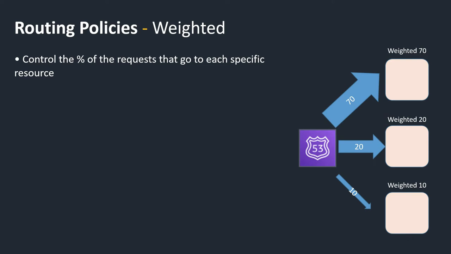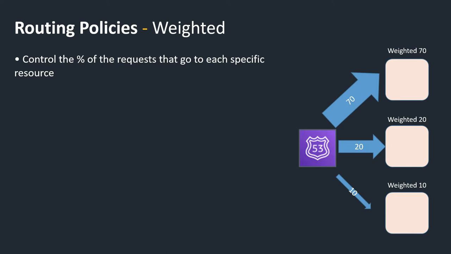In my example, these weights sum up to 100, but you don't have to in real life. What this means is that 70% of the DNS responses from Amazon Route 53 are going to be redirecting to the first EC2 instance, then 20% to the second and 10% to the third.